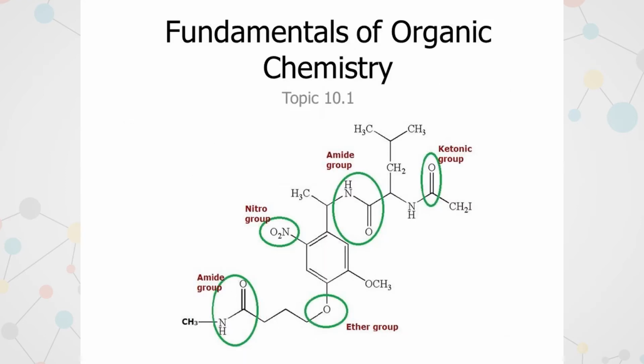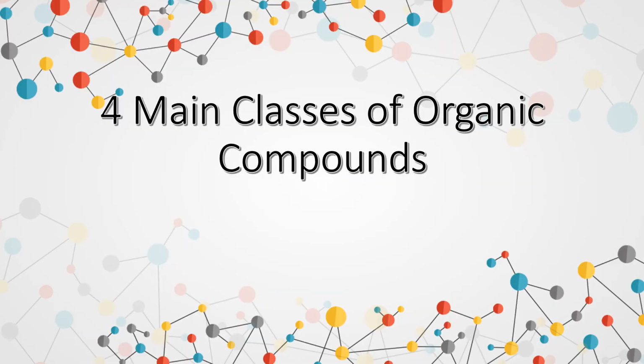These different groups of organic compounds can link together to form larger and more complex compounds, or more complex molecules that make up living organisms. Those different functional groups can join together to form the main classes of organic compounds.